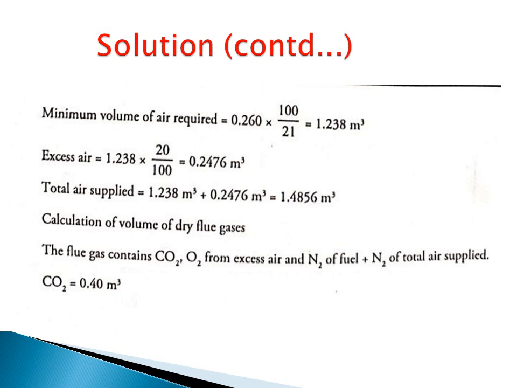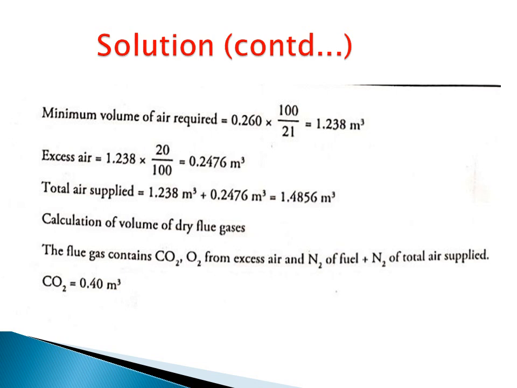Now we come to the calculation of the volume of dry flue gases. Dry flue gases will contain carbon dioxide. It will contain nitrogen. I have told you earlier how you calculate nitrogen. It is nitrogen in fuel plus nitrogen in total air plus, now there will be one more thing here. The flue gases will also contain oxygen, and that oxygen will come from the excess air.